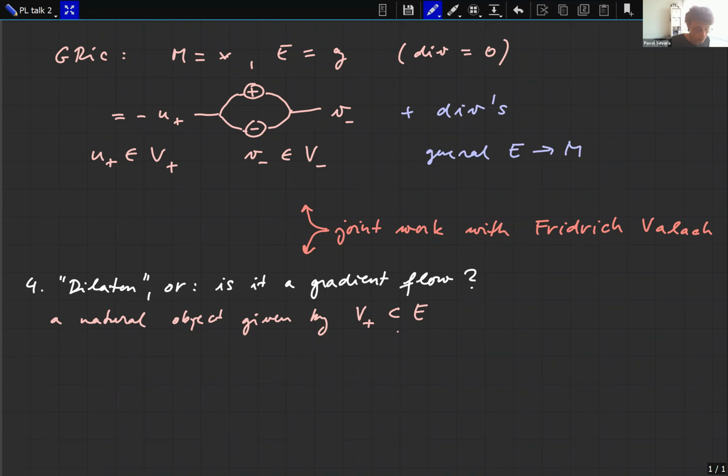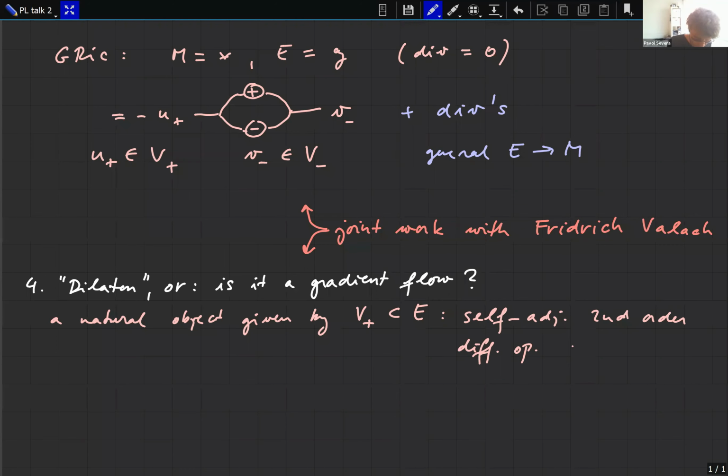The thing which is natural is some kind of Laplacian. So it's a formally self-adjoint second order differential operator on an arbitrary manifold that should act on half densities.